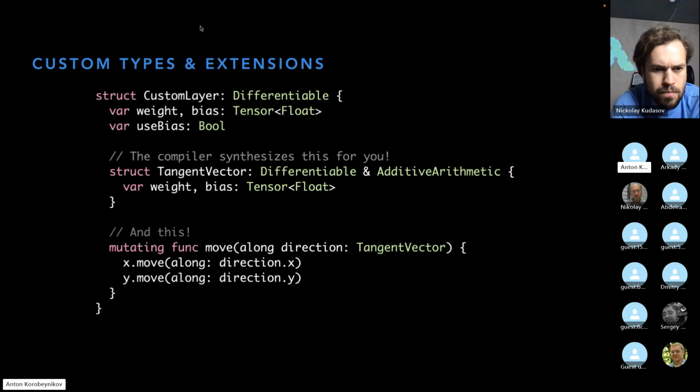The good thing is that by default, the compiler can synthesize this for you. If you have non-differentiable fields, then by default we just ignore them, and the compiler can generate that exponential map for us by default.